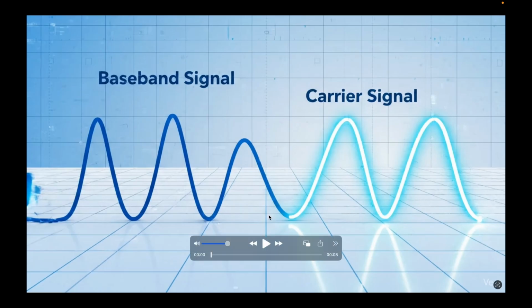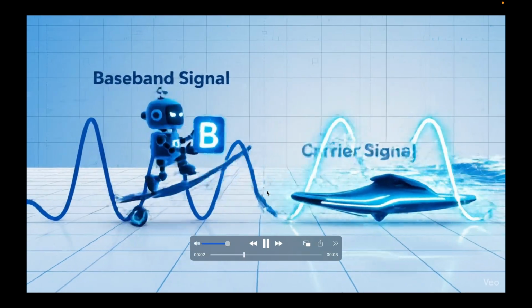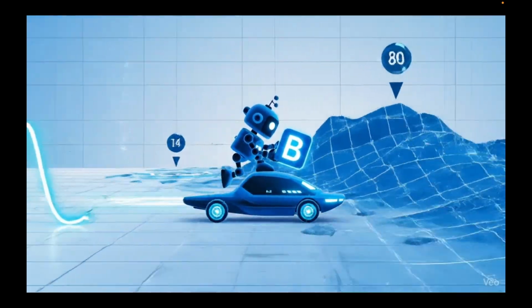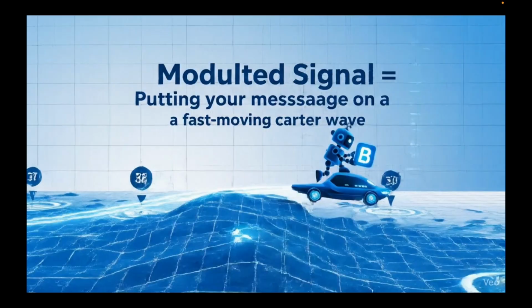Here we have a small animation which helps us understand modulation in a simpler way. In this animation you can see that the carrier signal carries the baseband signal, so the signal travels a long distance, and this signal is known as the modulated signal.